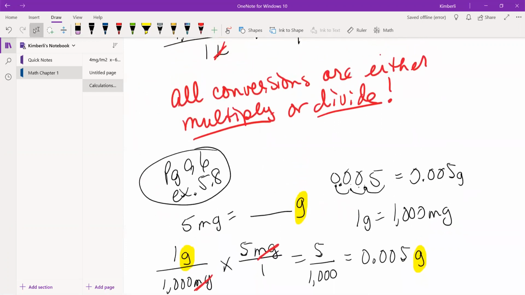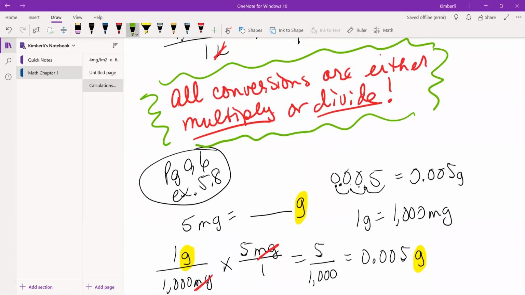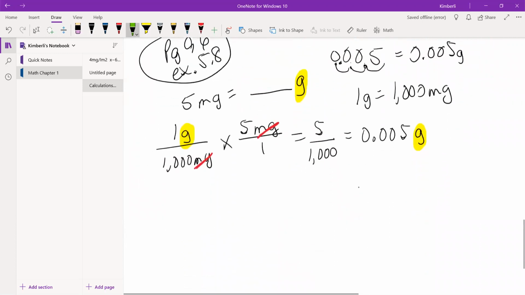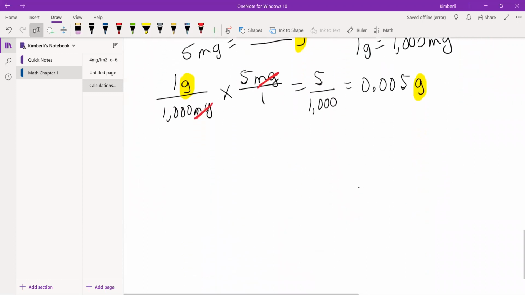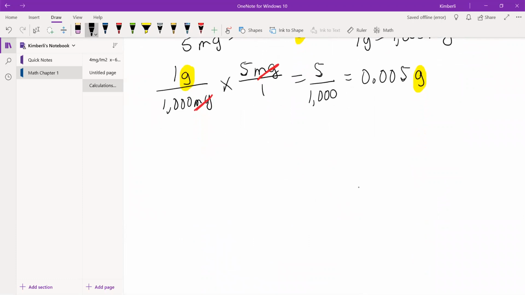Since all conversions are either multiply or divide, this answers the question of which one. So I like to use a lot of color because it helps draw your attention to things. I'm hoping it's not just making it too confusing. Practice problems B on page 97 give you a bunch of these.